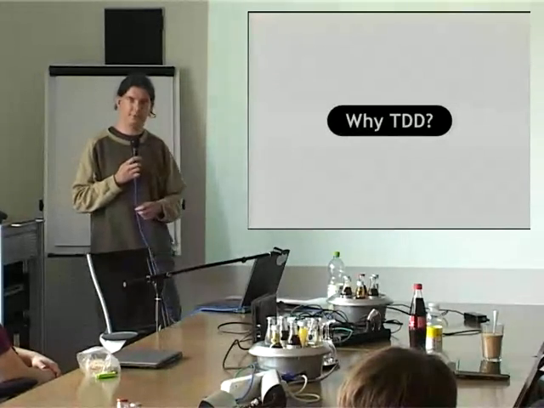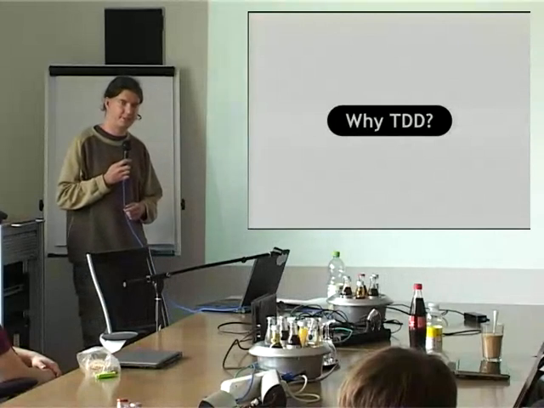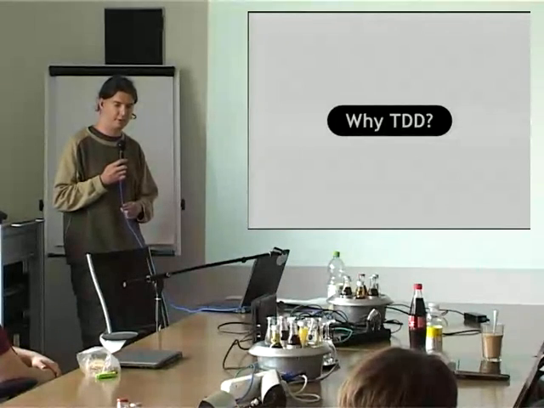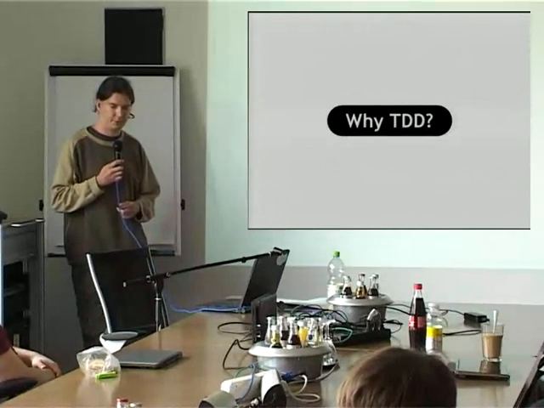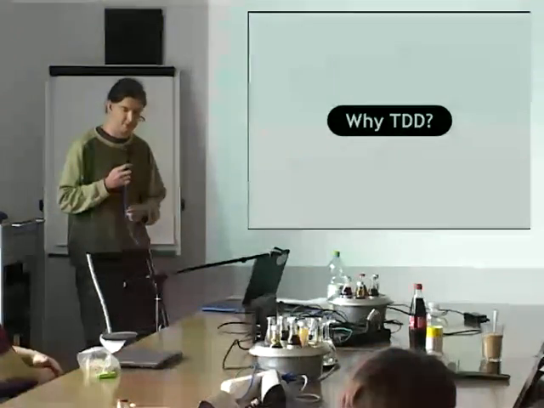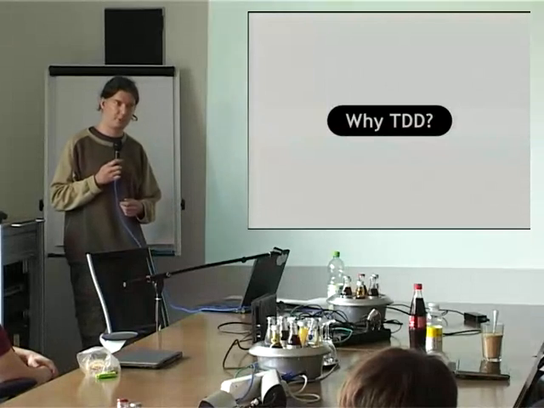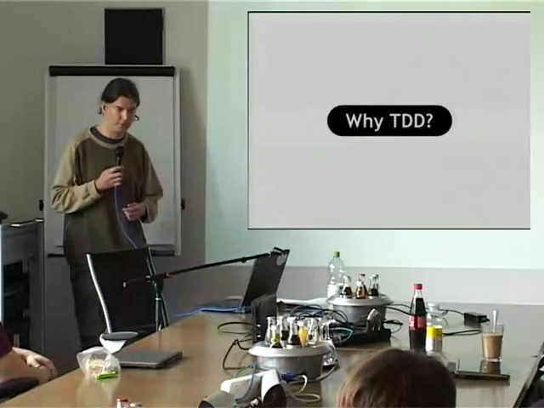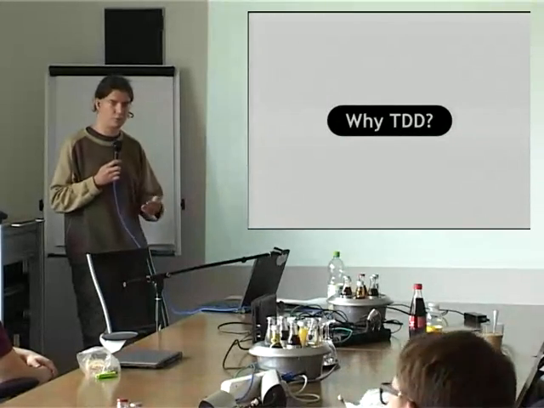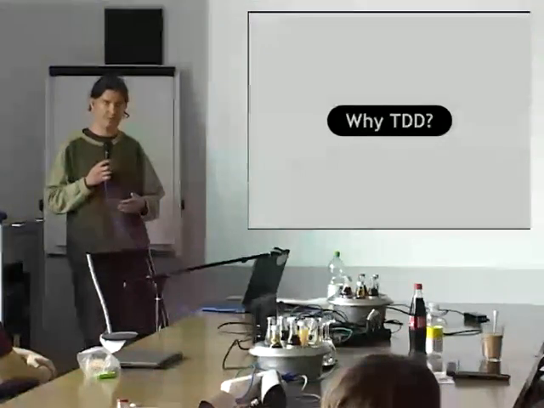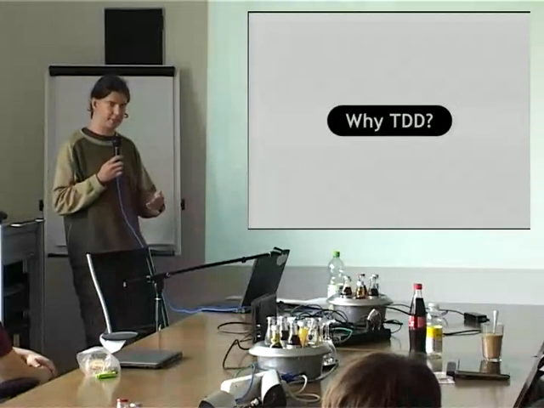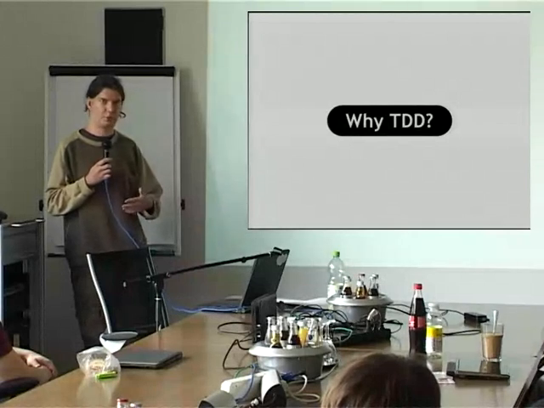Number 4 reason for using TDD is that it allows you to have an executable specification and documentation of the code. So if you go to a new code base which is well tested, you can just have a look at the tests, and they describe what the code does.